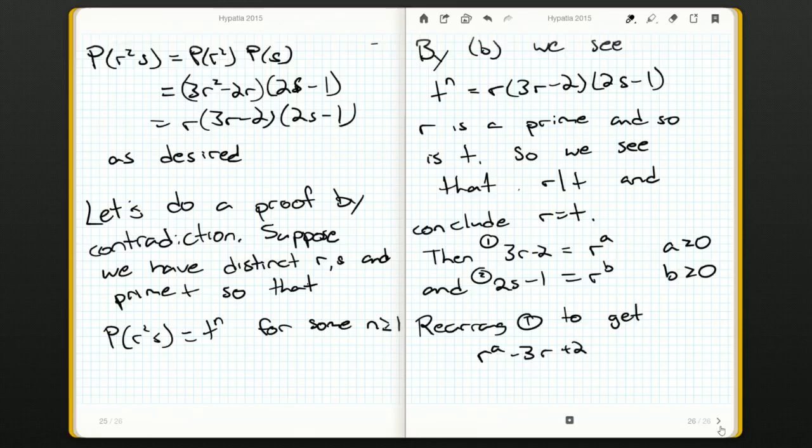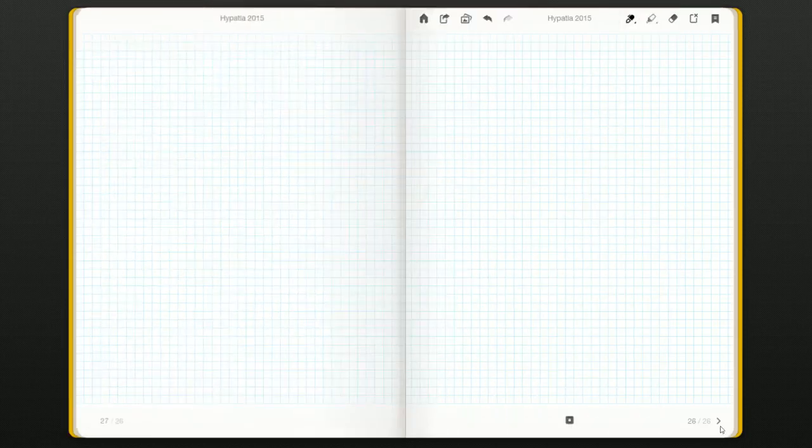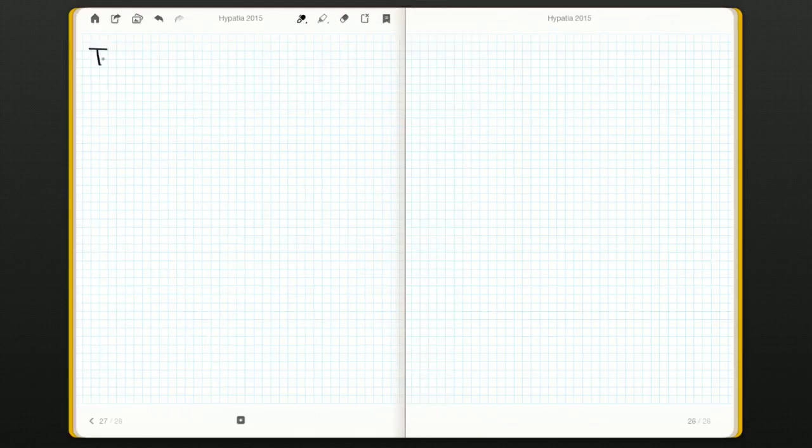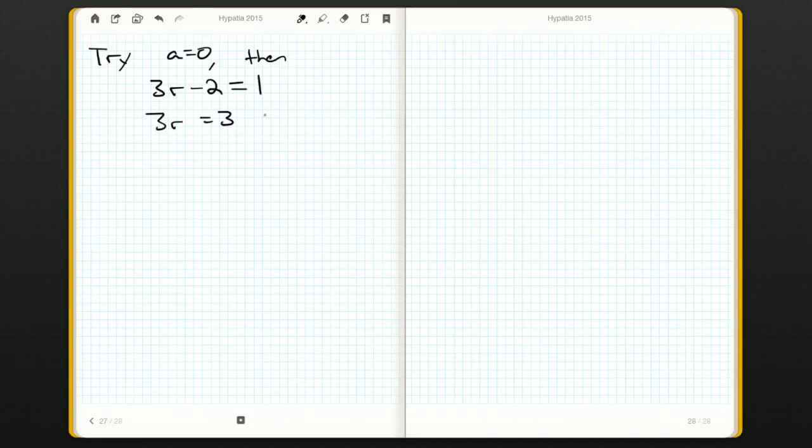So how about we try some values? So that tells me 3r minus 2 is equal to 1. That tells me 3r is equal to 3. So r is equal to 1. Not a prime. All right. So a equals 0 isn't going to cut it.